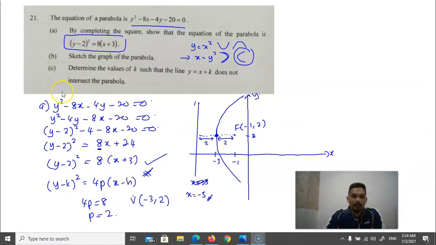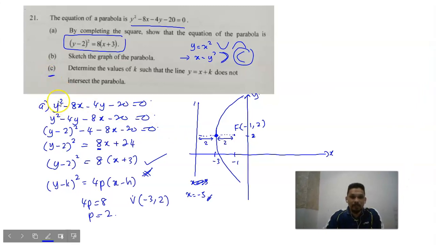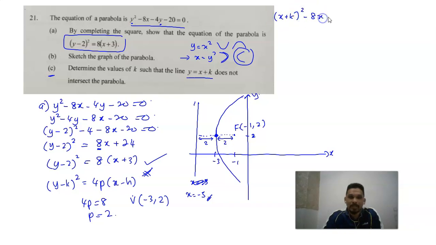So for question C, from the equation of the parabola, and y equal to x plus k. We got y here and also y. Substitute y with x plus k, so then (x plus k) squared minus 8x minus 4 times (x plus k) minus 20 equal to 0.